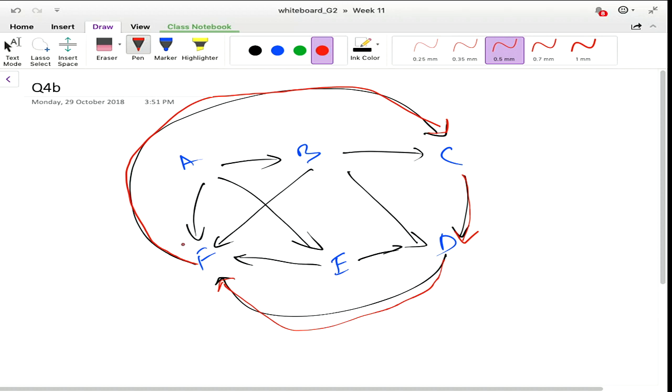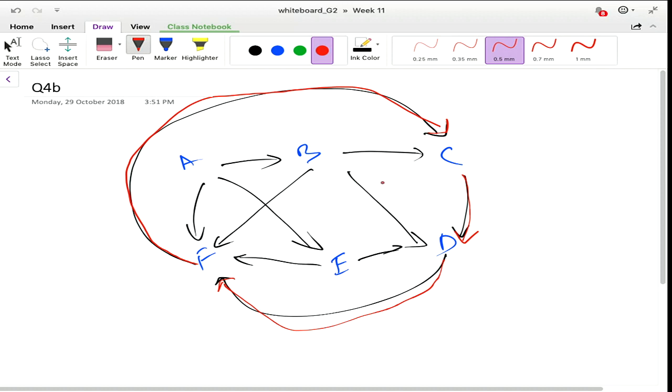And because it's a cycle, it is not a DAG. So in that case, we need to remove the cycle for us to have a DAG. Now, which edge are we going to remove? Well, we can't remove, we are asked to invert. So we just need to change the direction.